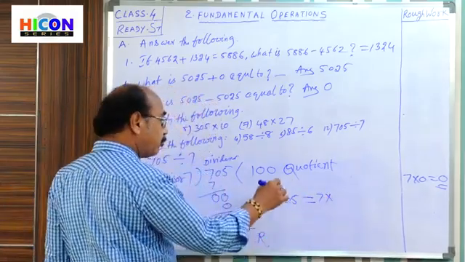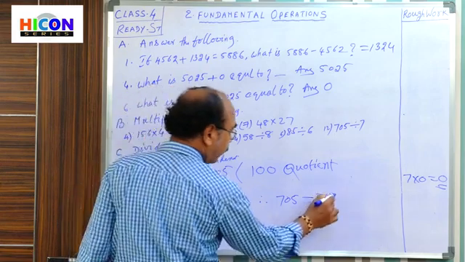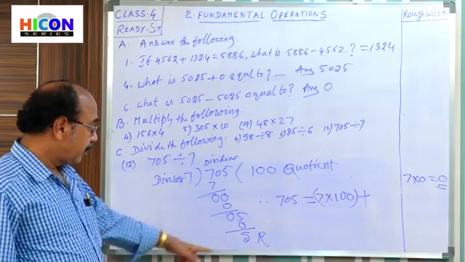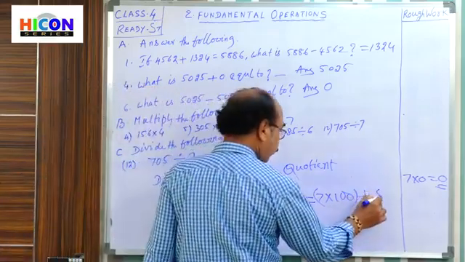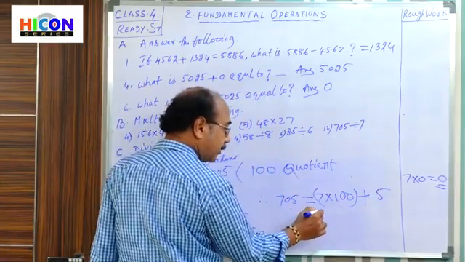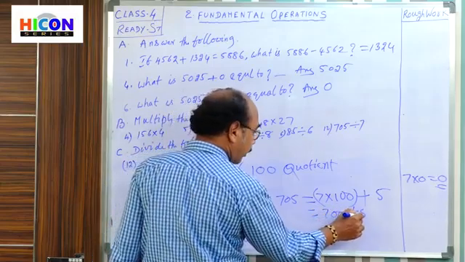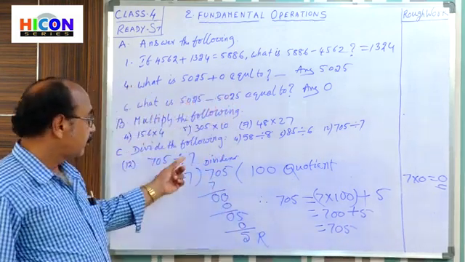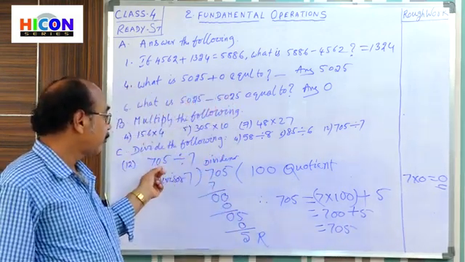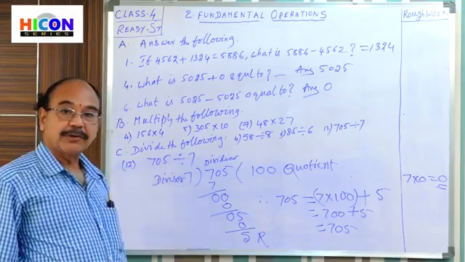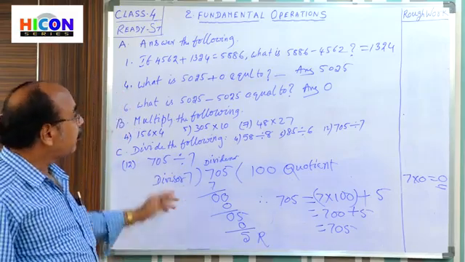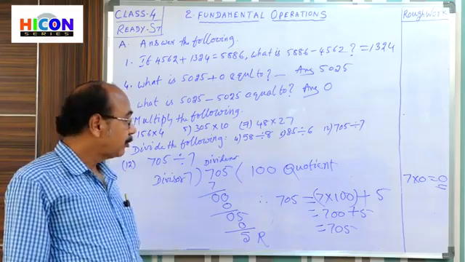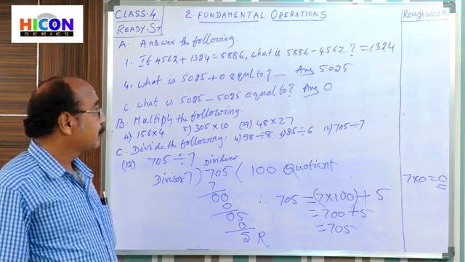Into quotient, what is the quotient? 100. Plus, what is the remainder? Remainder is 5. Now, 700 plus 5 is equal to 705. We got the dividend. Like this, after completion of the division, you can check your division.